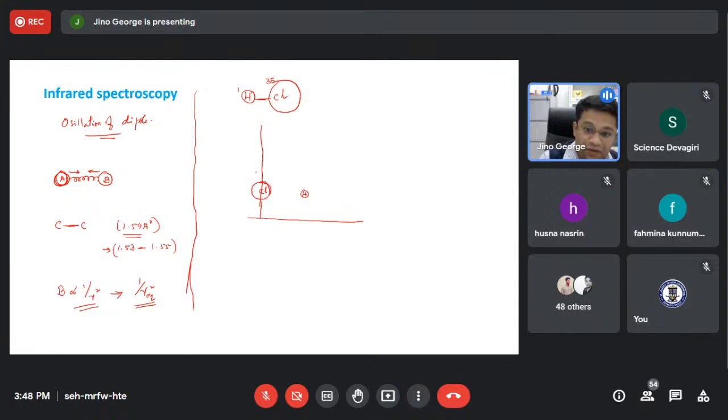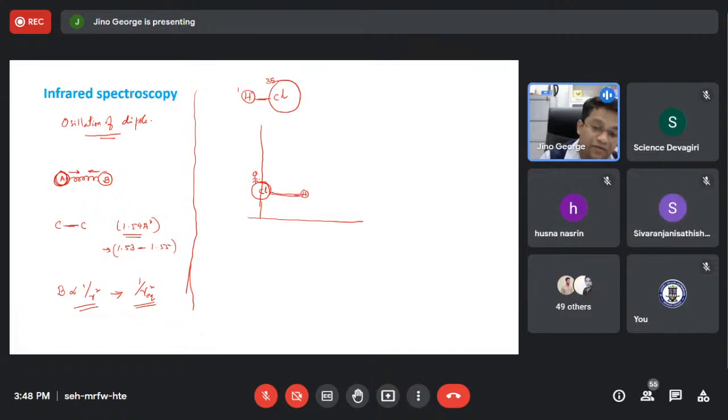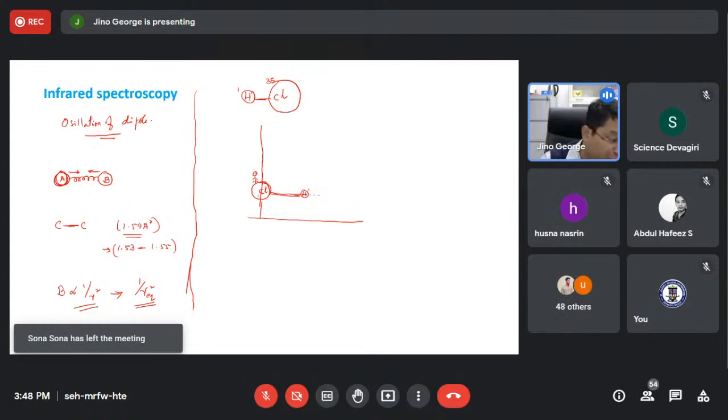I am sitting on top of the chlorine, and this is connected to hydrogen through a bond. So I am sitting at chlorine and looking at what happens to hydrogen. Hydrogen can move from here to here. Now assume that chlorine is not moving, and then hydrogen can take either this position or this position, H double dash.